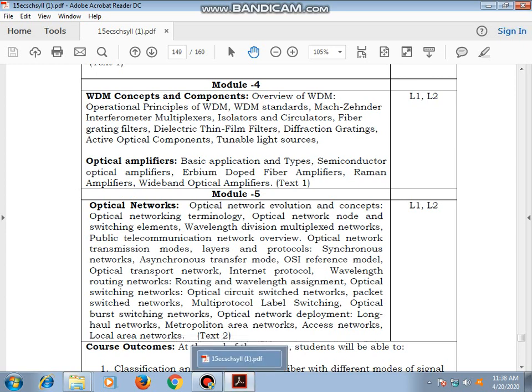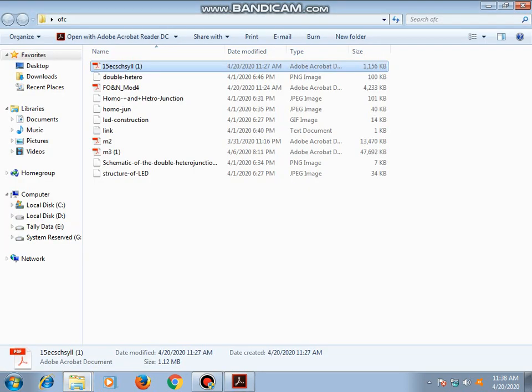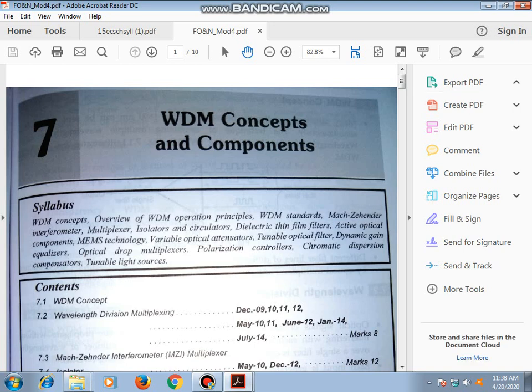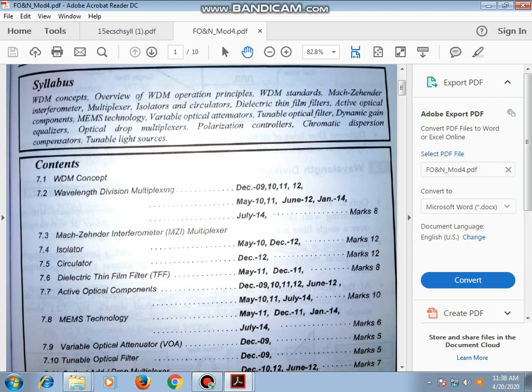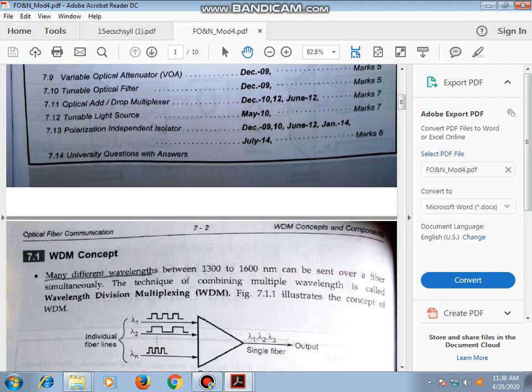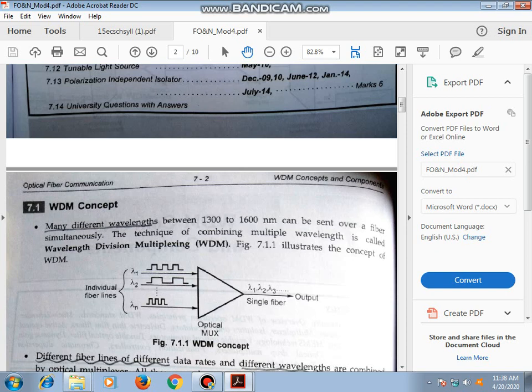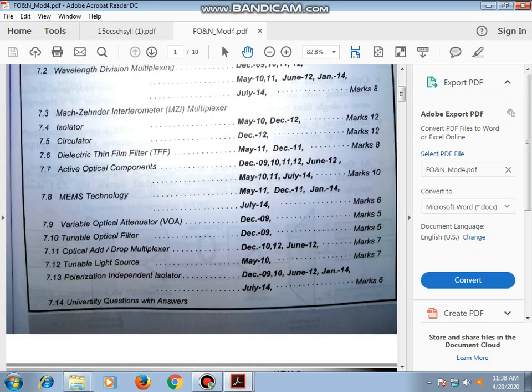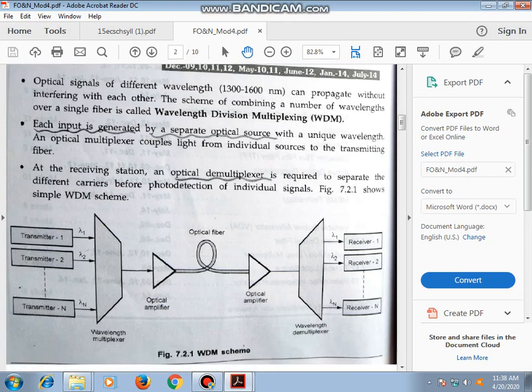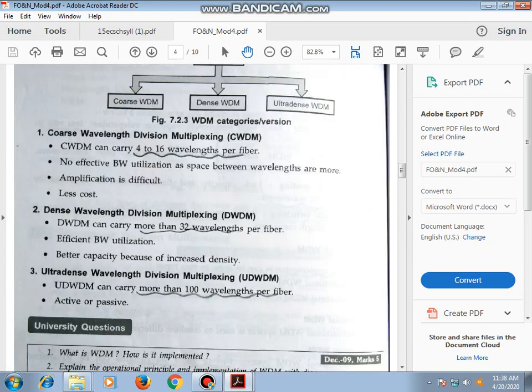So here we'll start with module 4, that is wavelength division multiplex concepts and components. Here first we will discuss the wavelength division multiplexing concept. Before going to the syllabus, first we will go with the university question paper.